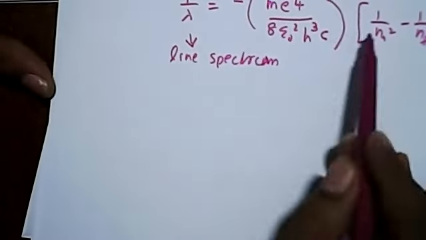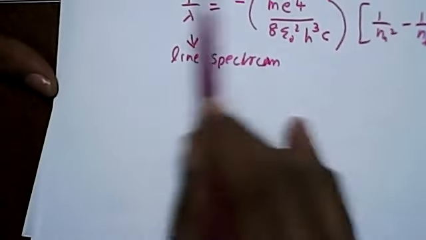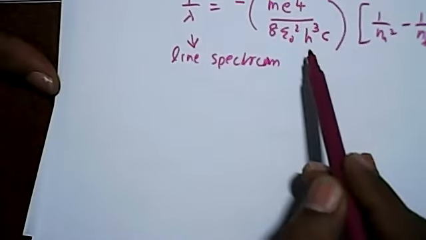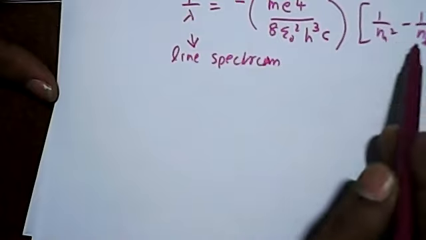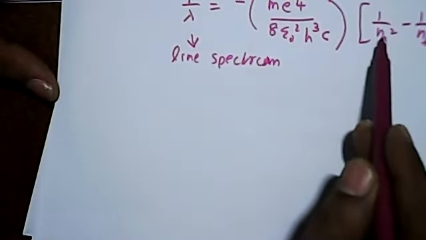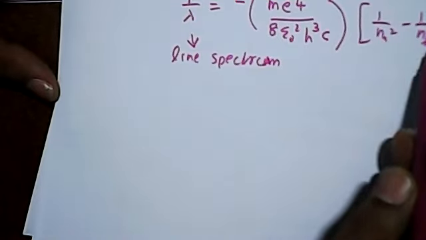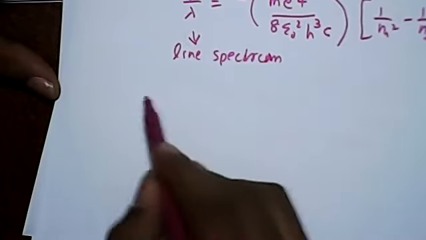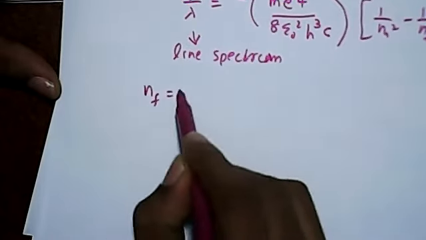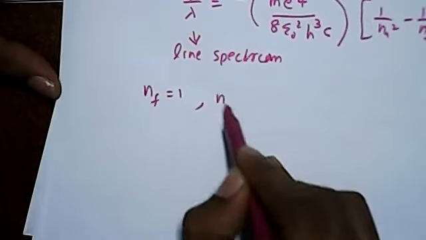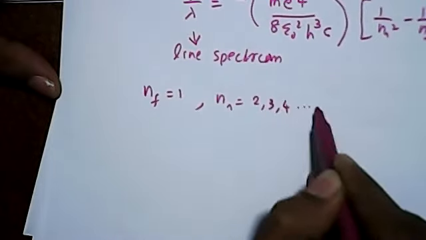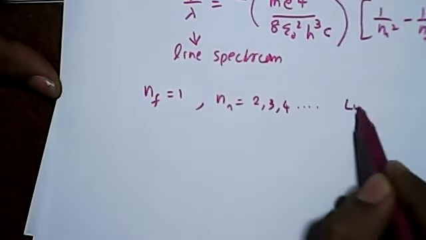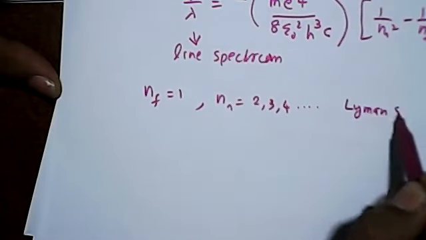Now using this equation, you can also explain the different series in the spectrum. You put n_f equal to 1 and n_i equal to 2, 3, 4, etc. That shows the Lyman series.